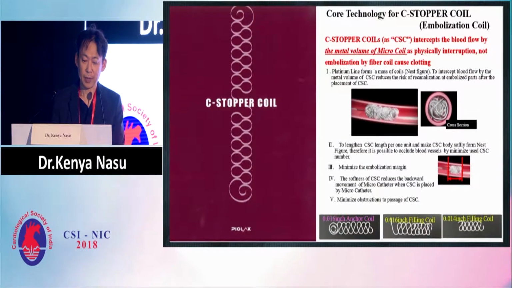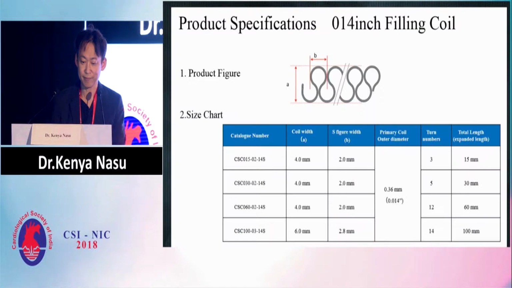Nowadays in Japan, the C-Stopper coil from Piolax is available. This embolic coil is available for 14,000 systems, so we can deliver this coil using the FineCross or the Corsair. It's very convenient compared with the conventional one.